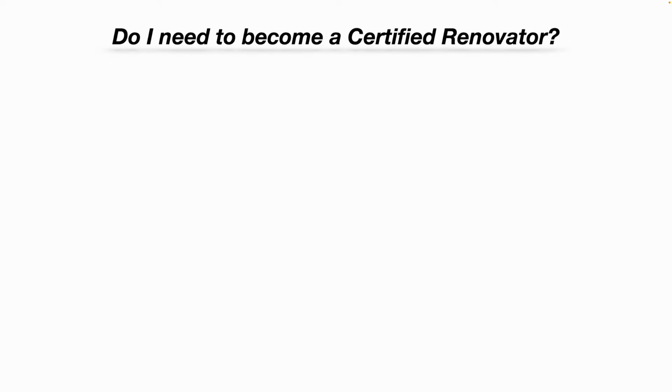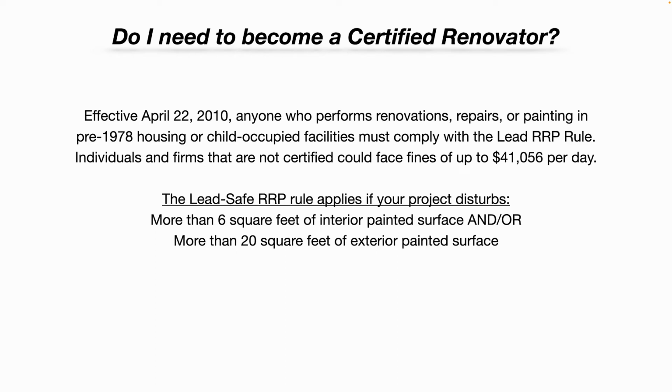Do I need to become a certified renovator? Effective April of 2010, anyone who performs renovations, repairs, or painting in pre-1978 housing or child-occupied facilities must comply with the lead RRP rule.